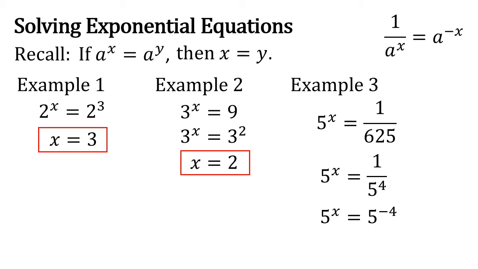So now we have 5 to the x equals 5 to the negative 4, and we can say that x is equal to negative 4. And that's the solution of our exponential equation. So review the laws of exponents, okay?